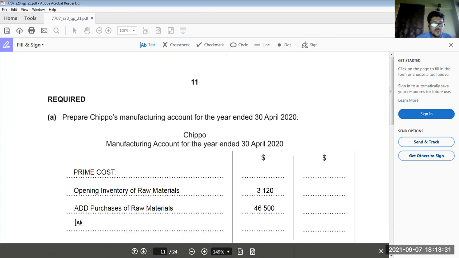So what we have to take? Less closing inventory of raw material. Please, all negative figures should be reported in brackets, so we should not forget to subtract them. Otherwise, we might end up adding.